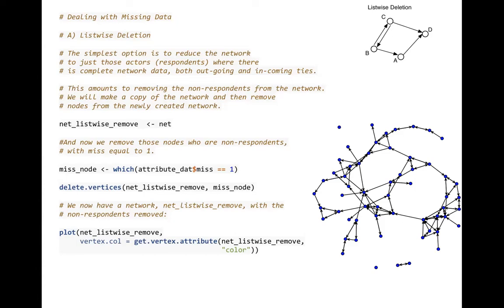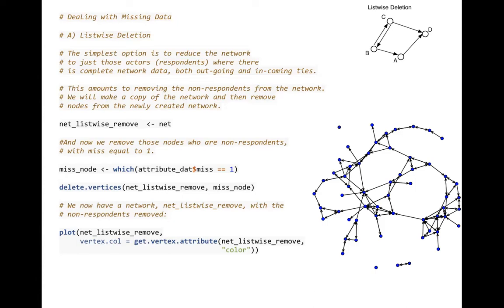So start with listwise deletion. I put the little toy example plot up top. And as a reminder, this is the case where you just delete those non-respondents. And so they're not included in the constructed network, and there's no ties going to them, and of course, no ties going from them as well.